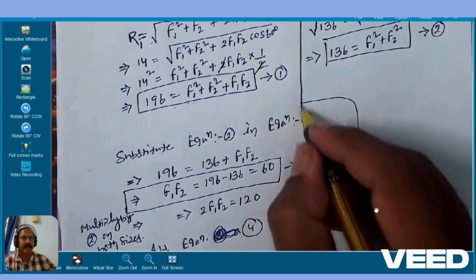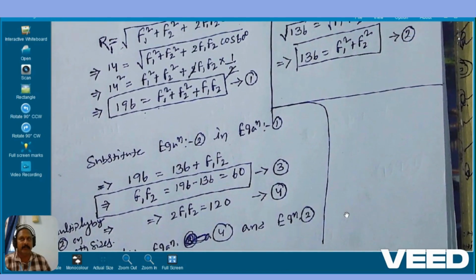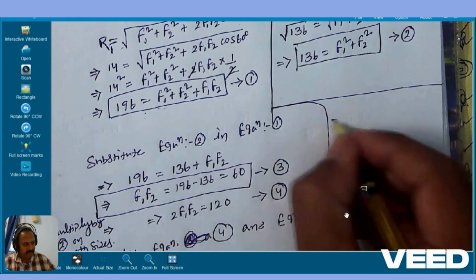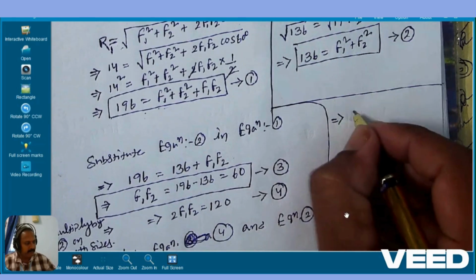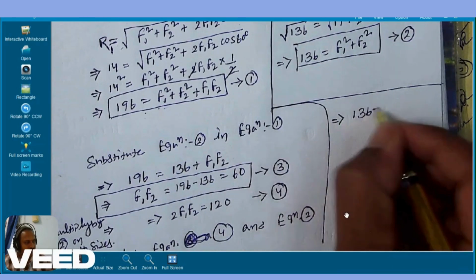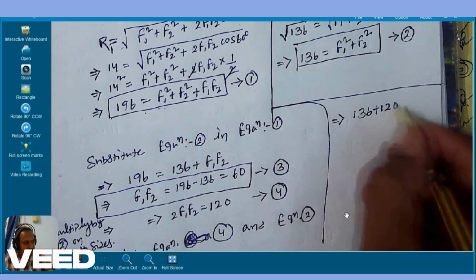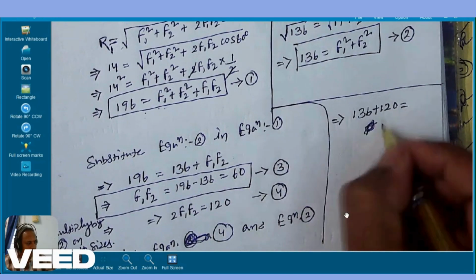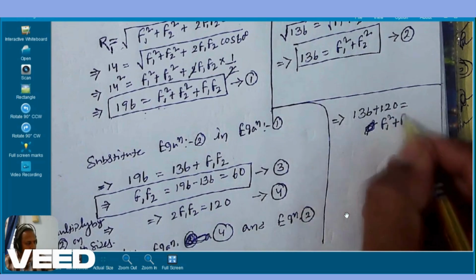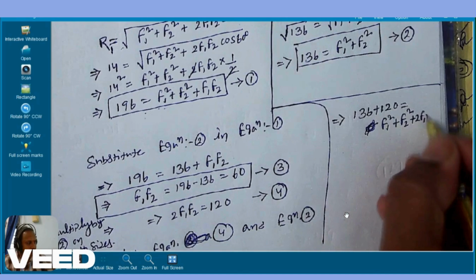Let us solve it here. This is equation 4 and equation 2. You can see it is there in the same frame. So after adding these two equations, that is 136 plus 120 is equal to f1 square plus f2 square plus 2f1 f2.